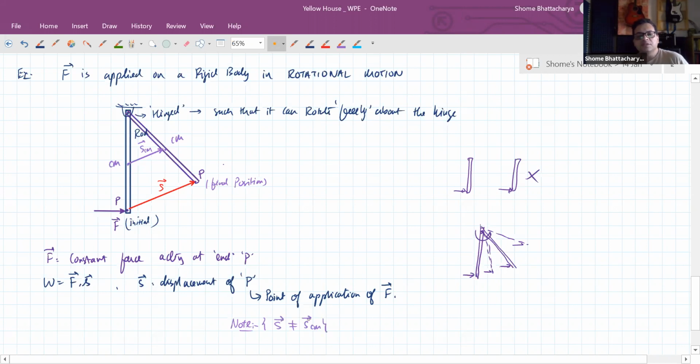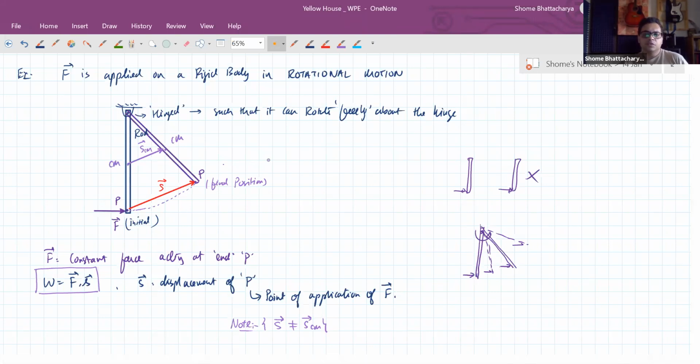So in a future chapter like rotational mechanics, when you study this kind of situation, you have to have the clarity that in this case, if this force is a constant force acting at this point continuously, while this point is displaced via this circular path from here to here, the work done by the force will be given by this formula, where S is the displacement of the point of application of the force, and it is not the same thing as the displacement of the center of mass.